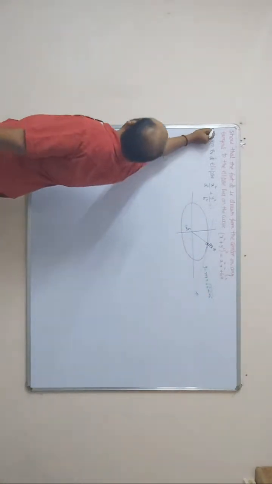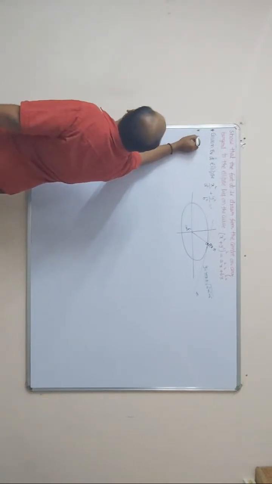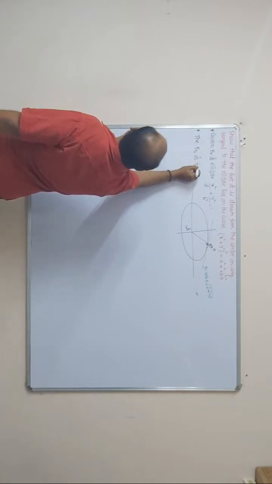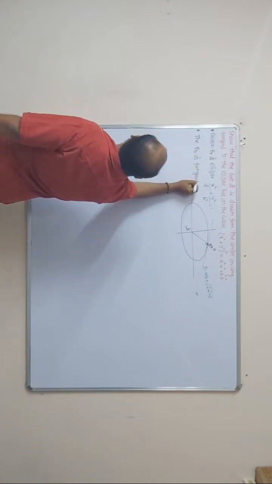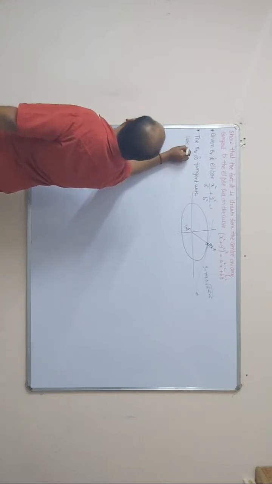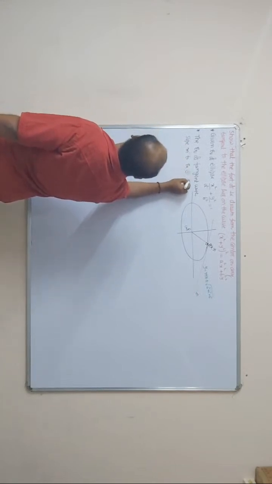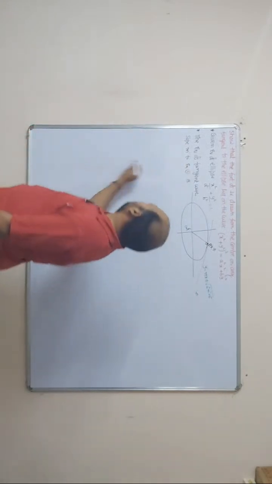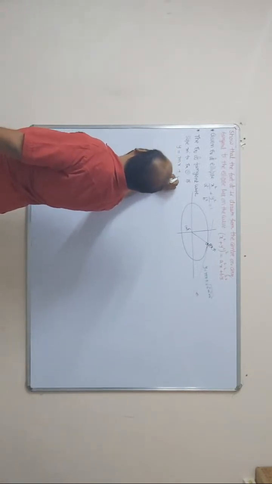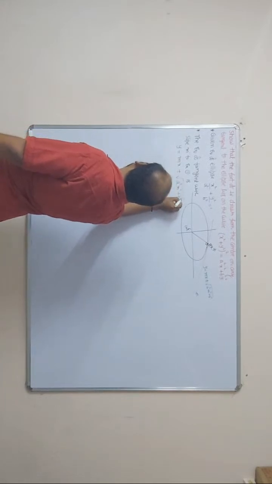So next, after writing the equation of ellipse, the equation of tangent with slope m to equation 1 is y equal to mx plus or minus root over a square m square plus b square.